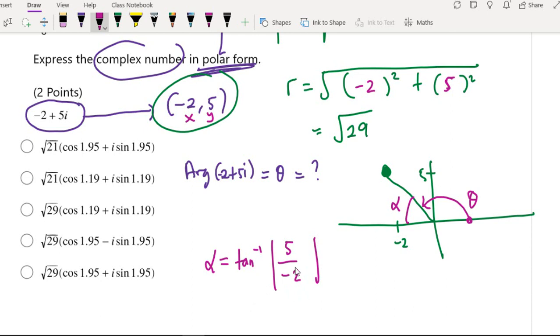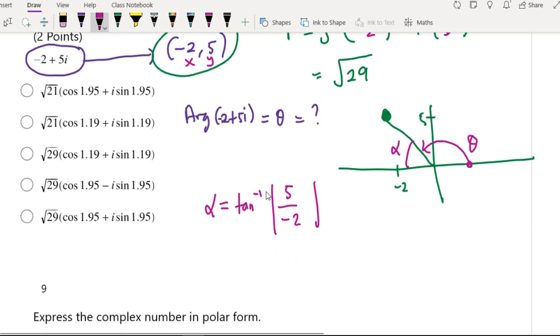Before you use the calculator, you need to change this negative value to positive, so 5 over 2, or 2.5. Make sure the calculator is in radian mode. Your calculator gives alpha equal to 1.19 radian.